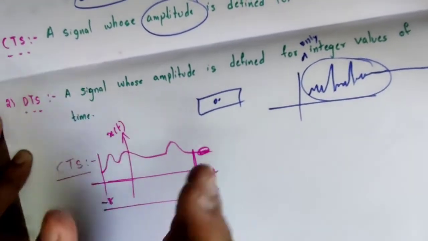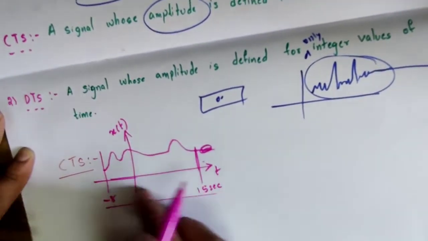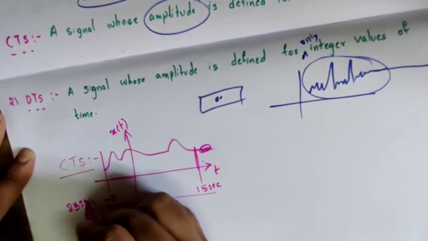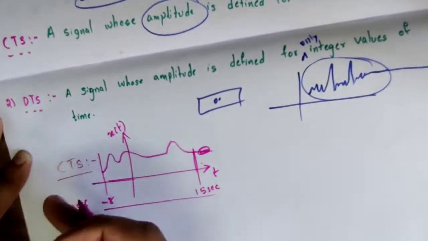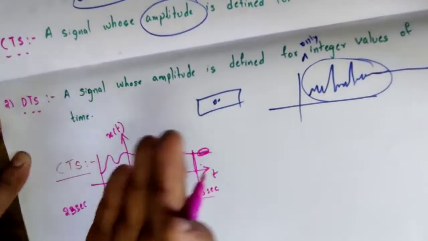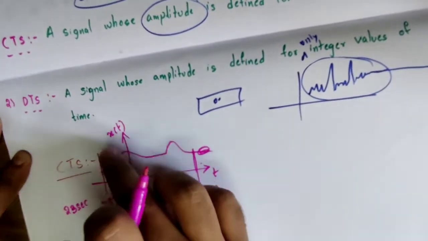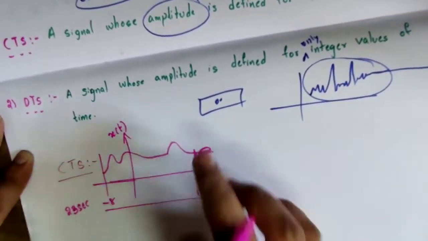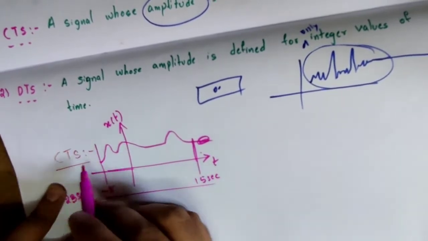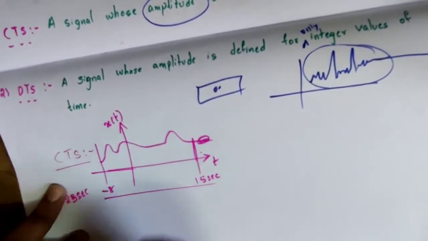It has been measured for a very short interval of time. What is the interval of time? For 23 seconds your signal has been measured. Let us consider this as a speech signal itself. You have spoken something for 23 seconds, and that has been measured, and it is in this way. So how is it related to a continuous time signal?